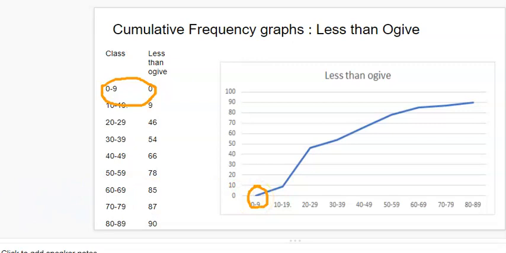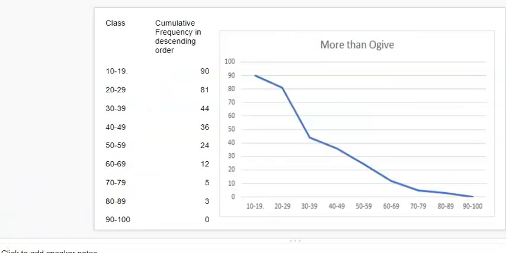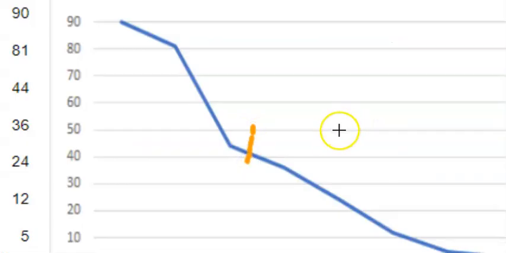In the same way, this is the more than ogive. More than ogive means you take any point here, and this point is greater than the remaining portion. So this portion is high.